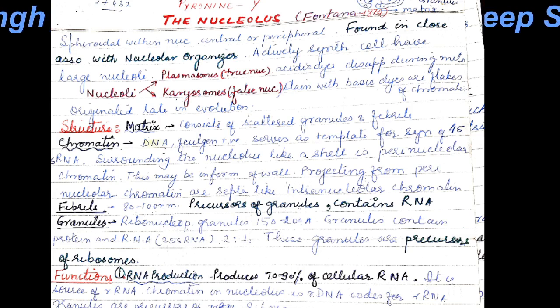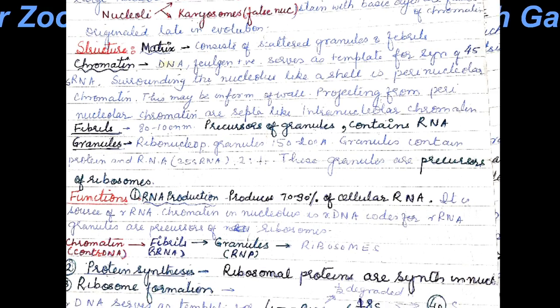Then we also see some granules which are ribonucleoprotein particles, with a dimension of around 150 to 200 angstroms. These granules contain proteins and RNA, which are 25S RNAs. These granules are actually the precursors of ribosomes.